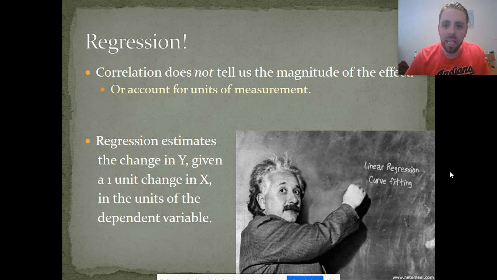For now, all I need you to keep in your mind is what is being added through a regression equation. It is the magnitude of the effect, and it is the units of measurement. And that helps you really describe society in the language of mathematics very, very powerfully.